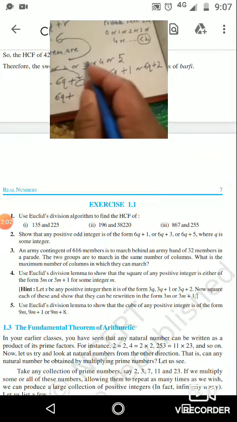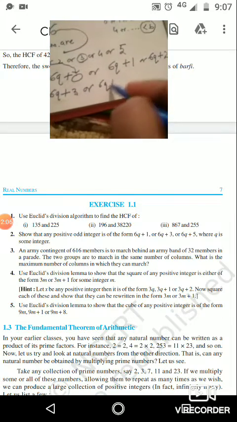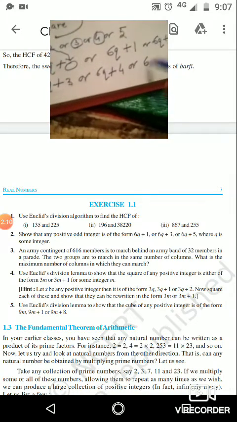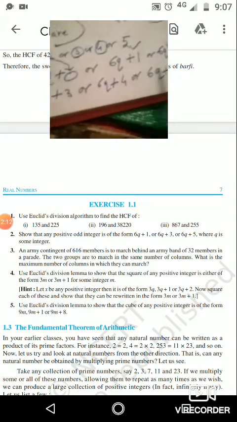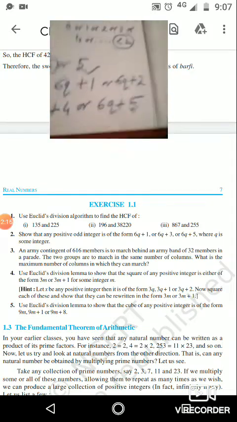Fourth R is 3. Fifth R is 4. Or last is 6Q plus R, where R is 5. So these are the cases of the algorithm.